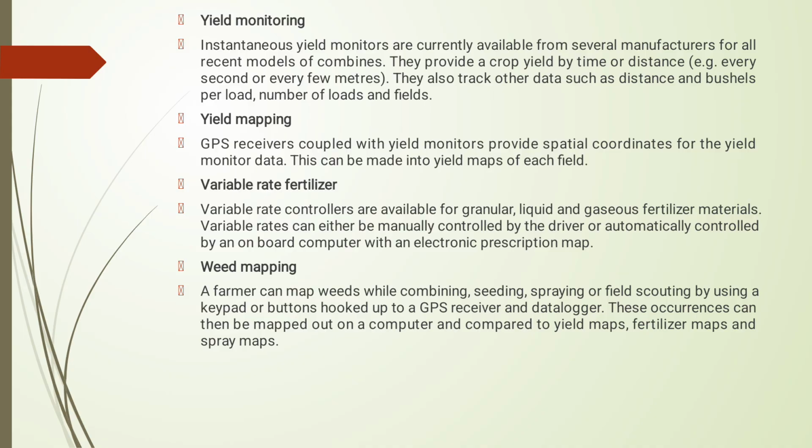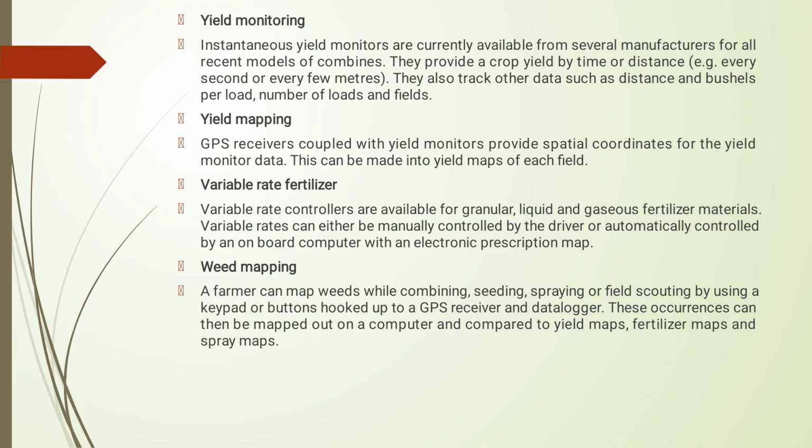Yield monitoring. Yield monitors are currently available from several manufacturers for all recent models of combines. They provide crop yield by time or distance, for example, every second or every few meters.